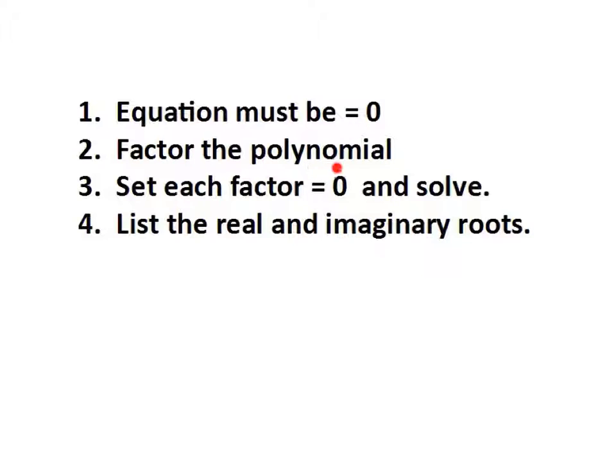You want to factor the polynomial, whether that is using grouping, difference of squares, sum or difference of cubes, factoring a trinomial, or using synthetic division, whatever you need to do to get it completely factored. Set each factor equal to 0, and then solve each of those. And you're going to list the real and any imaginary roots.